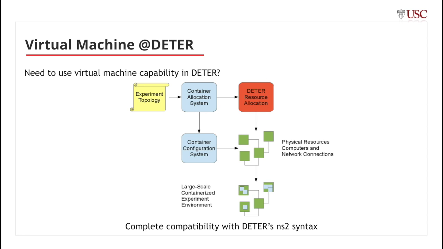In DETER lab, the virtual machine is first taken from the topology file. The .tcl file would have the same compatibility with the NS2 syntax, and using that we would try to create a topology within containerized environments.